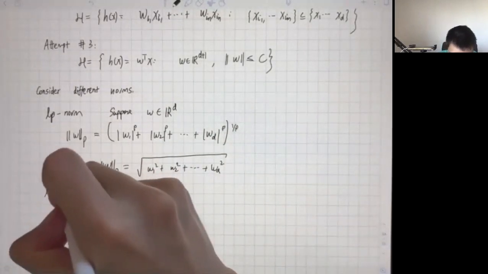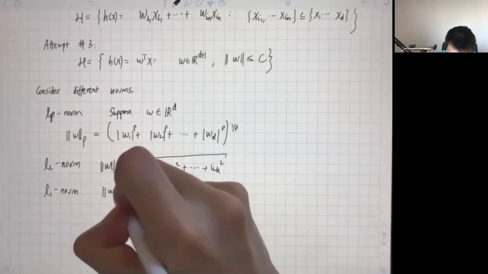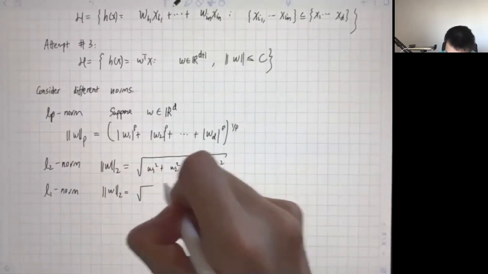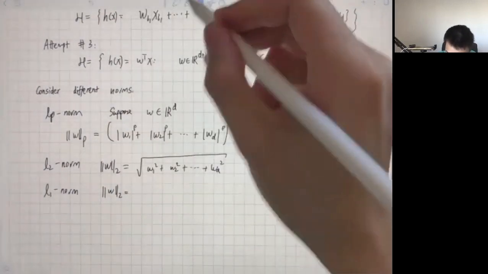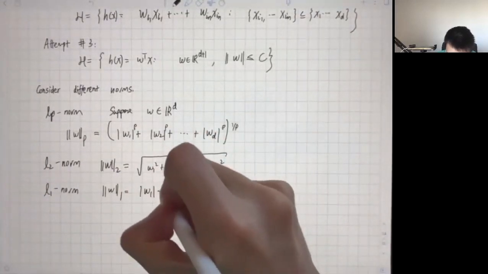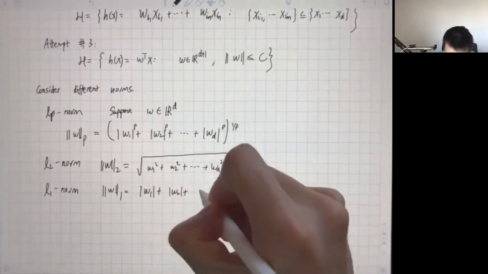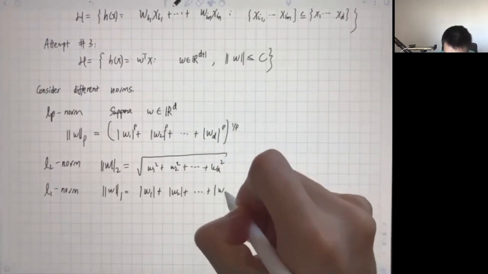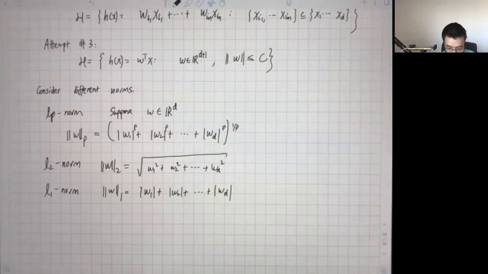And the L1 norm is the absolute value of W1 plus the absolute value of W2, and so on until the absolute value of WD.